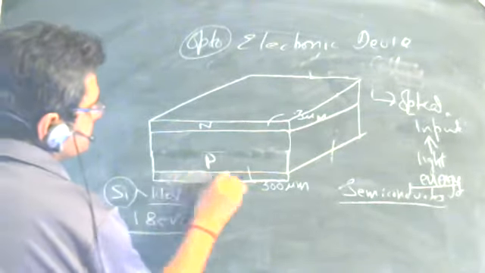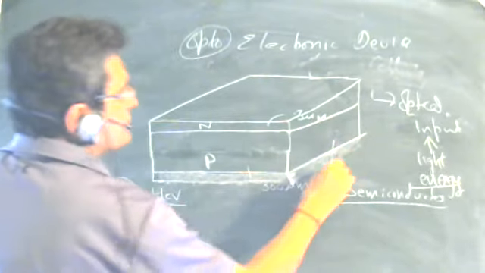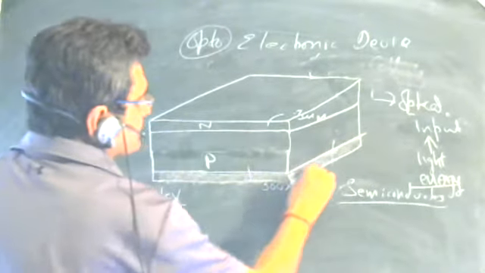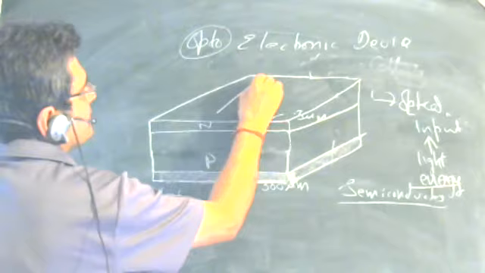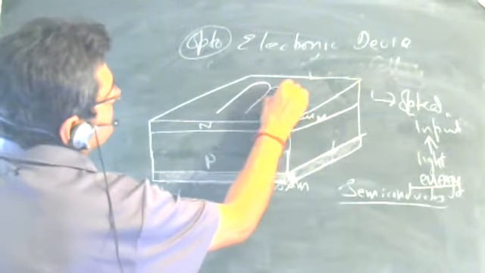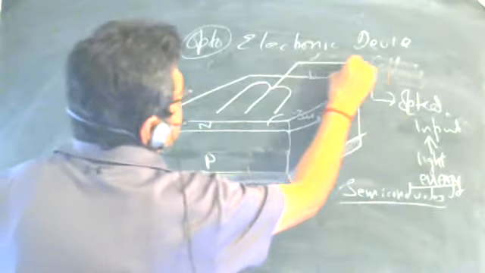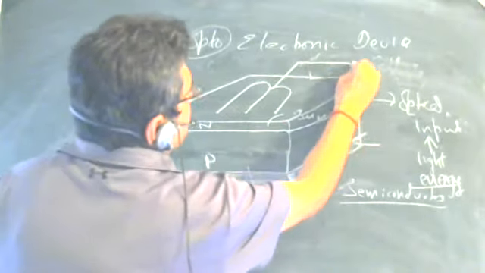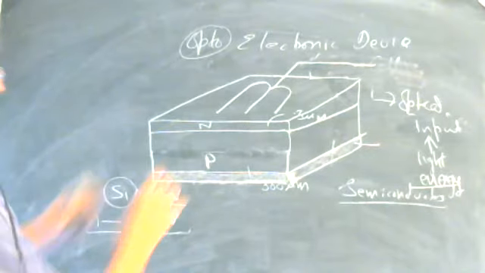There is a base plate here which is connected to a conducting electrode, and we also have an arrangement where these electrode plates are embedded here, and this is the output. We can connect this to output. This is the basic structure.